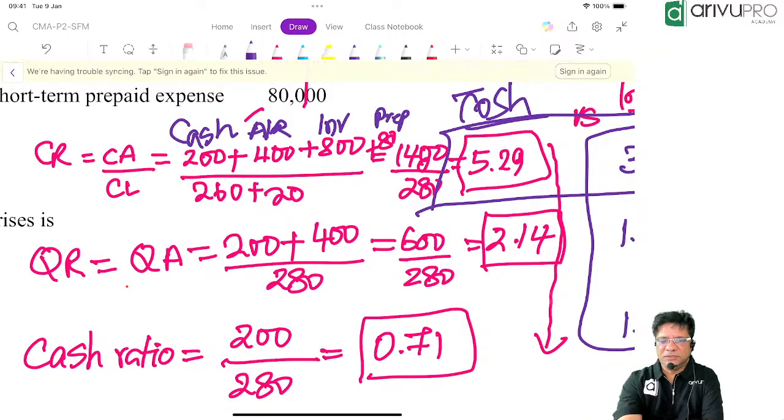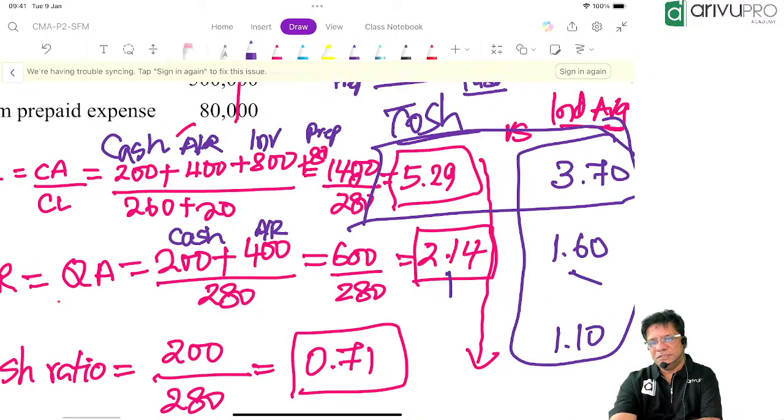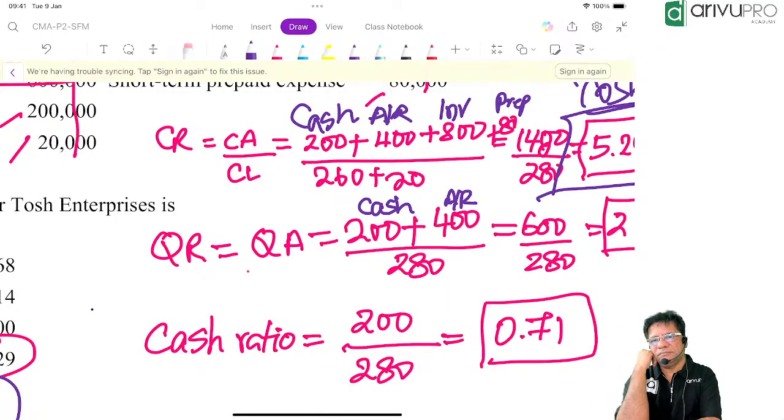In quick ratio, what are we interested in now? We are removing inventory, keeping cash and AR, and we calculated 2.1. But our competitor is 1.6, nicely managing quick ratio. Again, here in quick ratio, what is the problem?